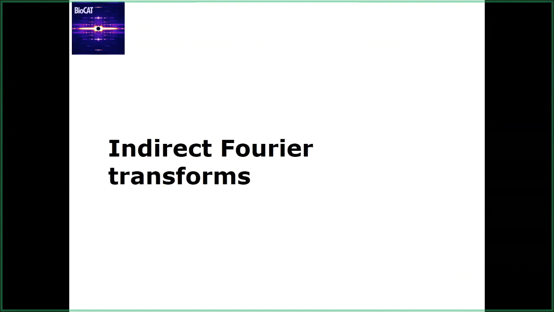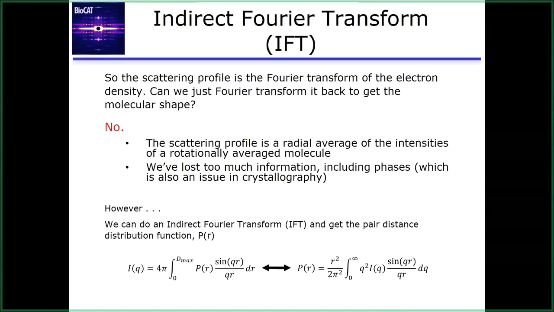The final step in basic analysis that you'll typically do is what's called an indirect Fourier transform. If we go back to the very start of the day, which may seem like a while back now, Xiaobing walked you through the math, and essentially the summary was that the scattering profile is the Fourier transform of the electron density.